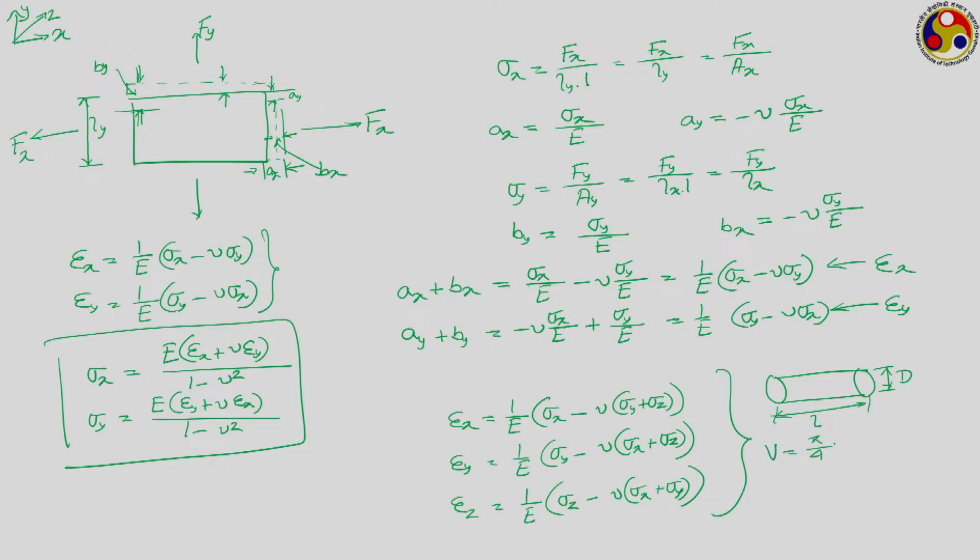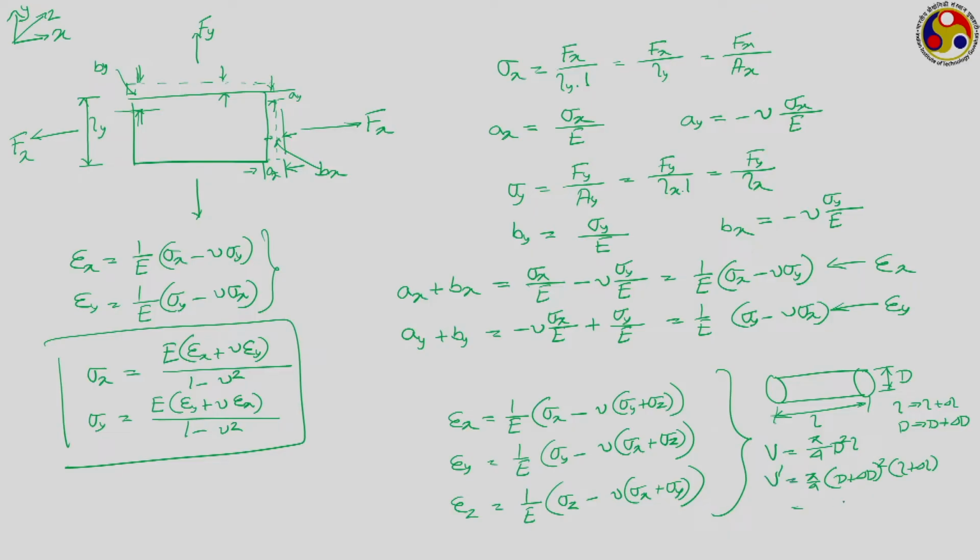The volume of this material is pi by 4 d square L, and because of some kind of stress, suppose this L changes to L plus delta L and d changes to d plus delta d. Then the modified volume is pi by 4 into d plus delta d whole square into L plus delta L. If we assume that there is no change in volume, this is V prime, that is the volume after modification.